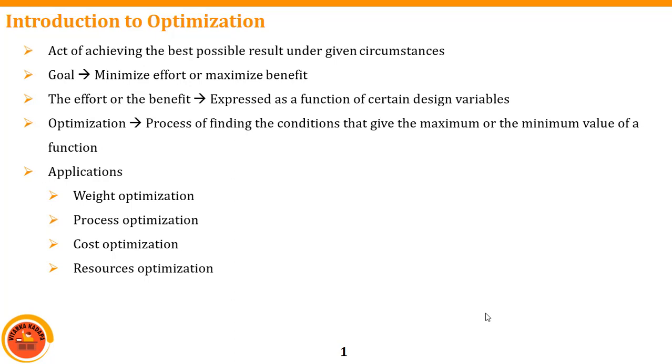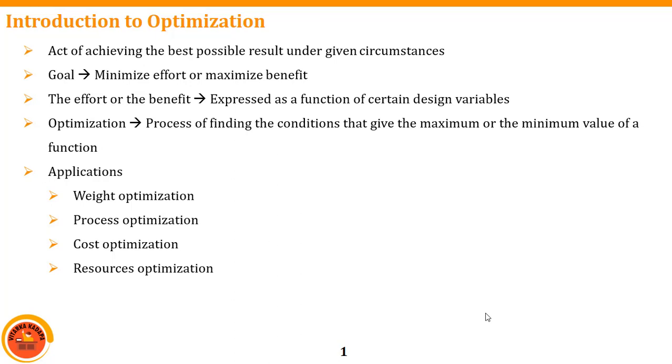Resource optimization: I am trying to utilize various kinds of materials, processes, or raw materials from forest and natural resources. These resources have to be minimized, or depending on the situation maximized, but in most cases we go for minimization.